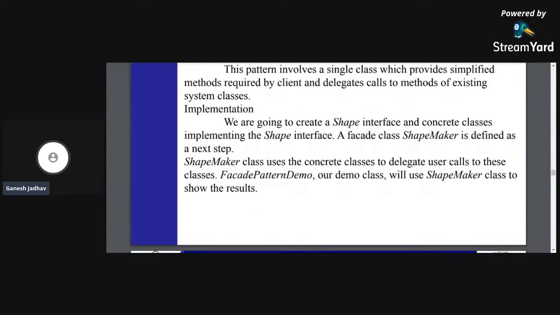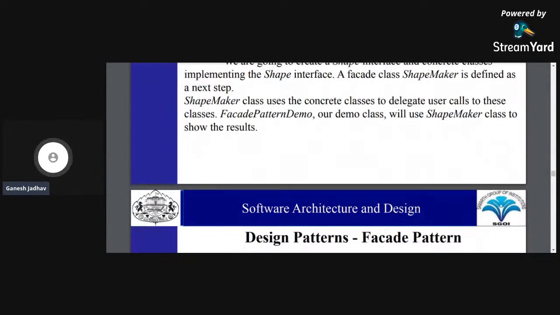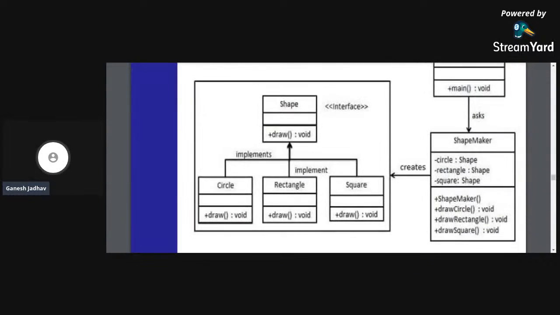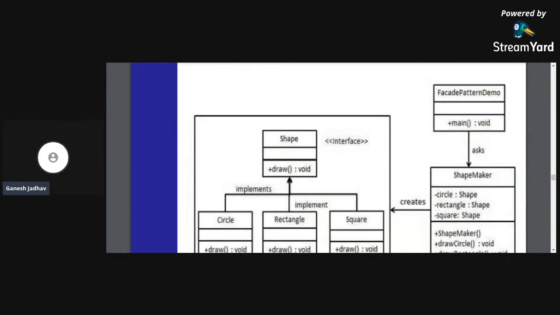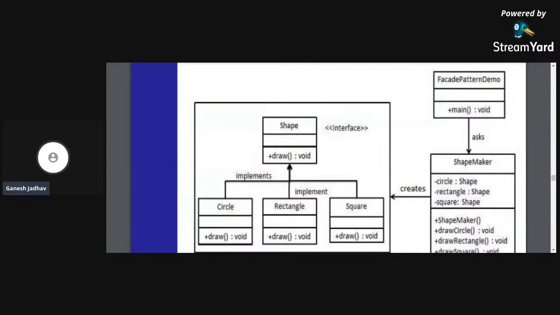So what is the result? You can see in the diagram that the facade pattern provides the interface to the system and reduces the complexity. This is the facade pattern demo, and this is the main functionality.